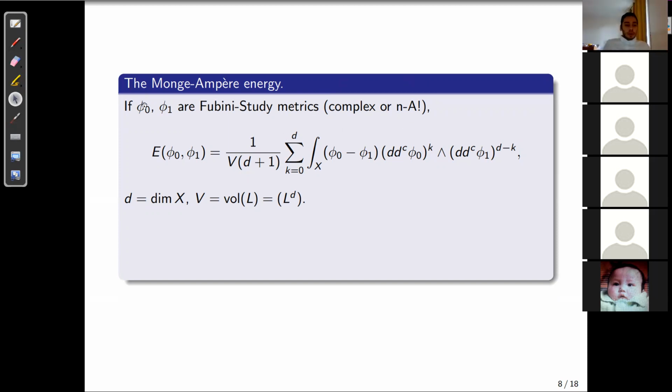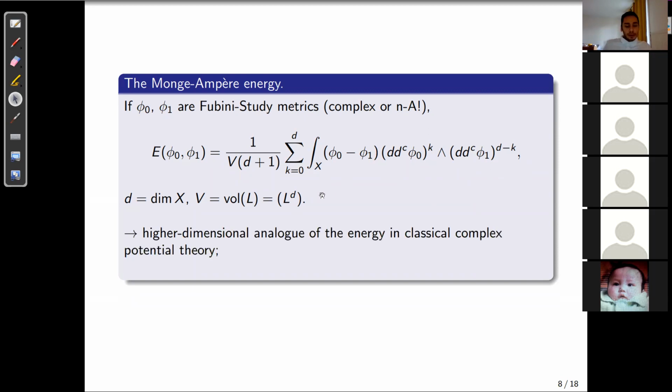So we take two Fubini-Study or continuous PSH metrics phi0 and phi1, and we define the relative energy to be this normalizing constant times the sum of the integral of your difference of metrics along their iterated Monge-Ampère measures in a certain sense. And so this is something that might look a bit awful right now, but it's simply a higher dimensional analog of the usual energy from classical potential theory.